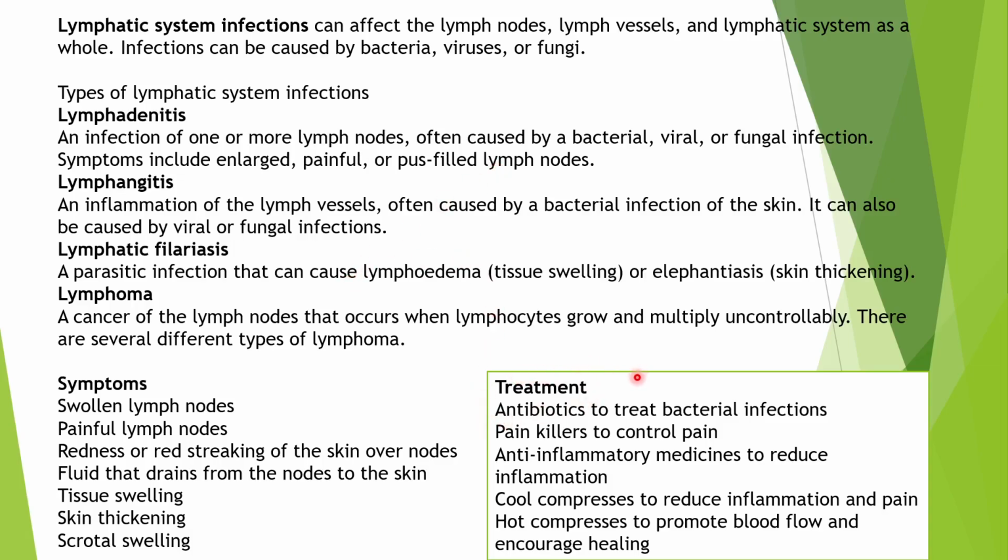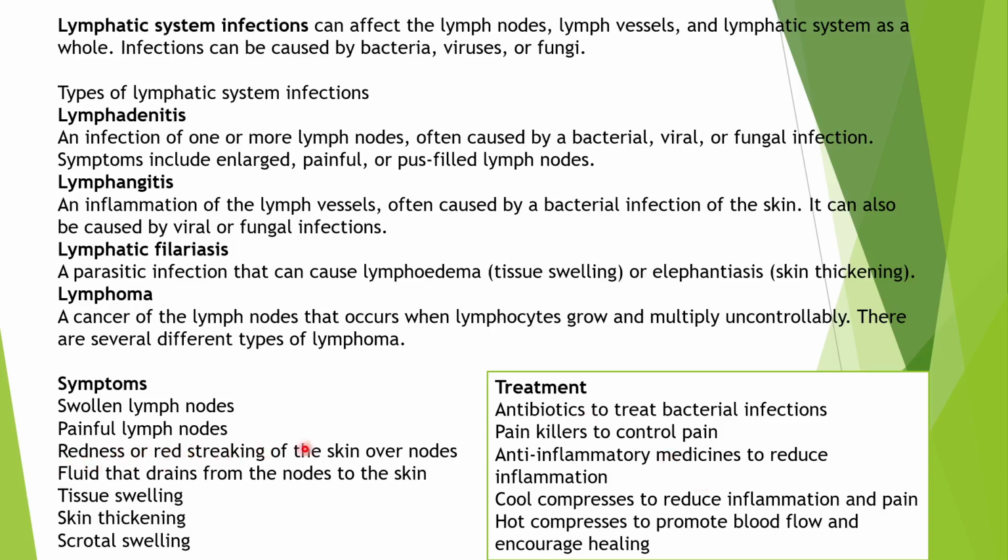What are the treatments? Your basic treatment would be antibiotics depending upon the type of infection, whether it is bacterial, viral or fungal. So you will be given antibiotics or antiviral, antifungal drugs. Then painkillers to control the pain, anti-inflammatory medicines to reduce the inflammation. Because of the pus-filled lymph nodes, or swollen lymph nodes and the pathogens growing in that area, there will be inflammation.